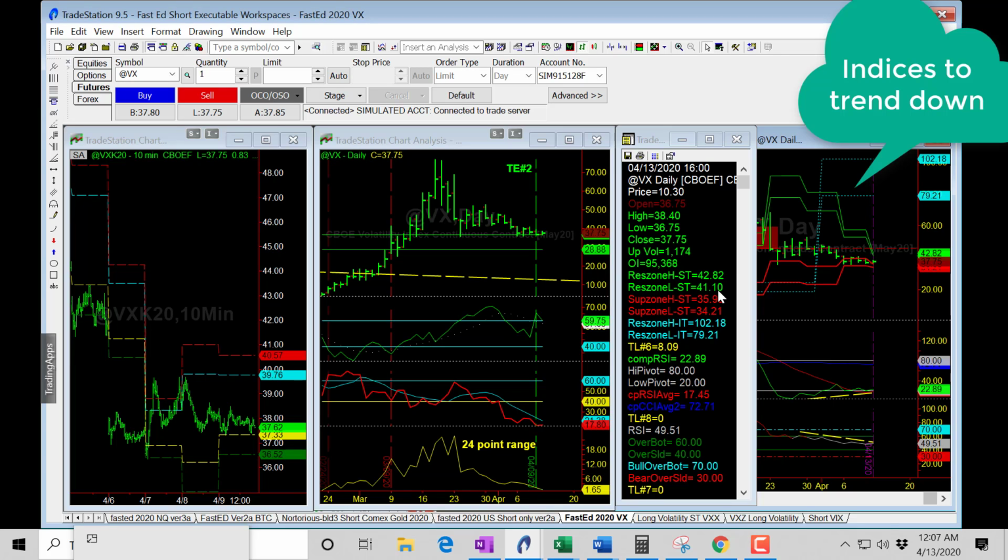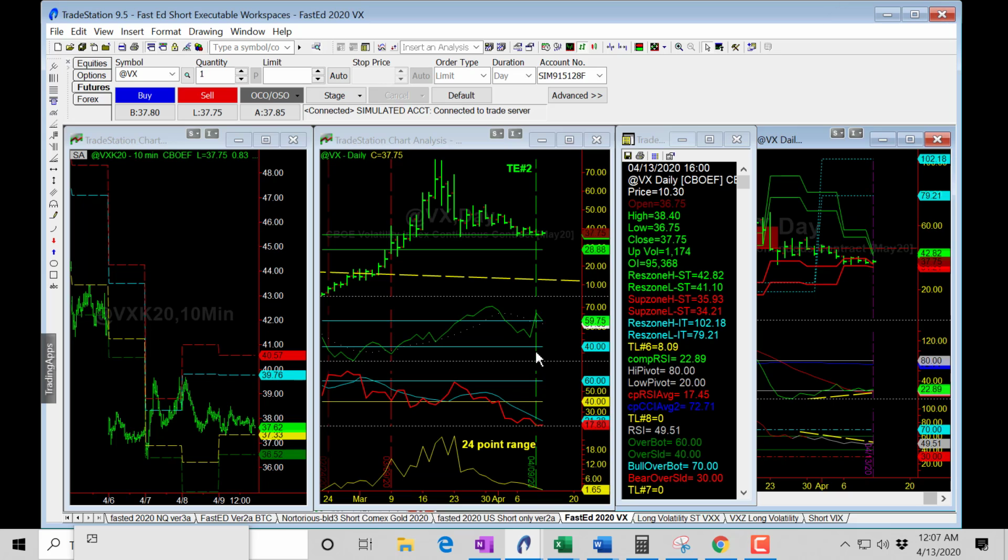The reason why is because you've got the technical event model on the VX on the same type of setup as I showed you in the Elliott wave example. You have percent C spiking high, you've got historical volatility spiking low, and that's telling you you're going to get a dynamic trend, a forceful trend out of VX when it breaks out.